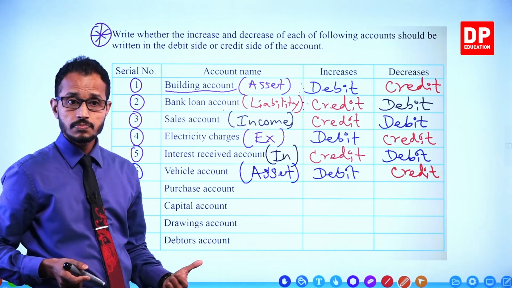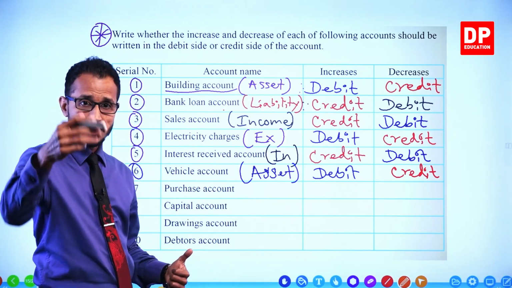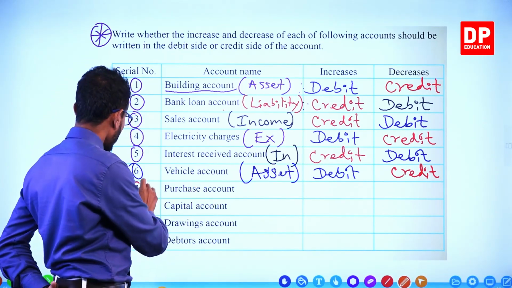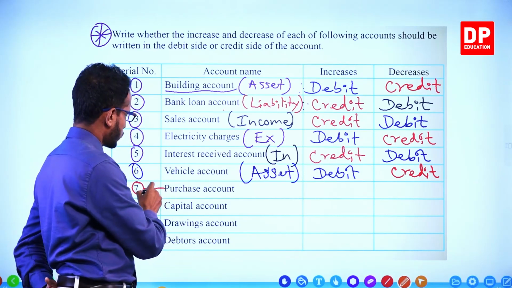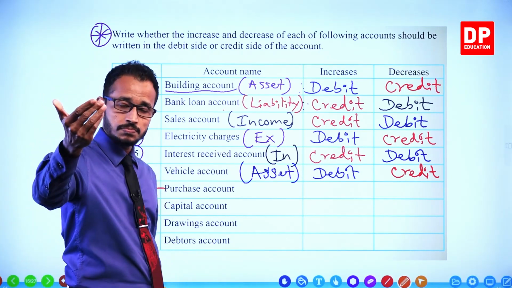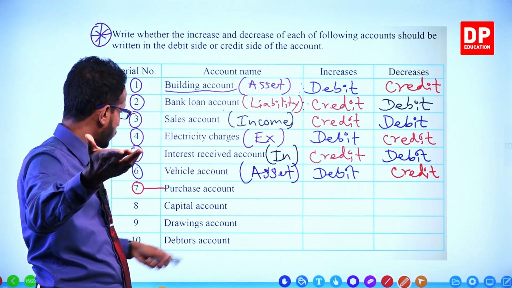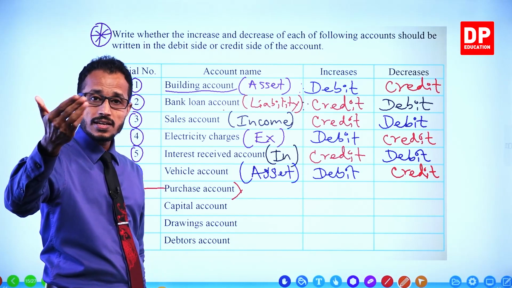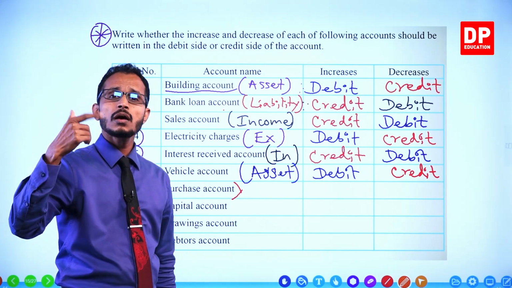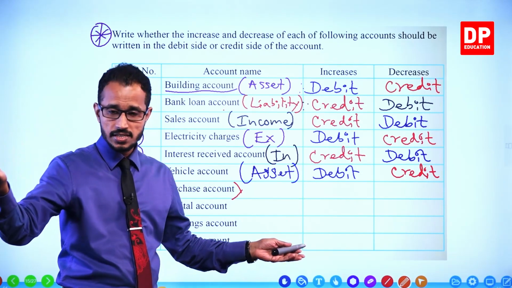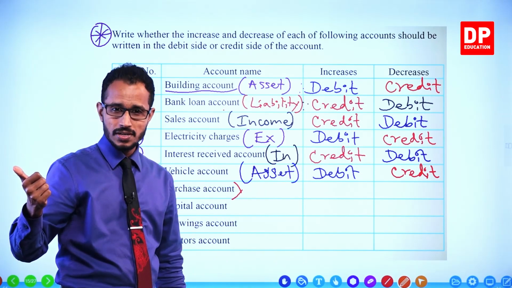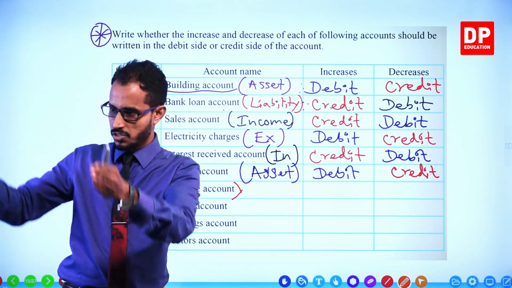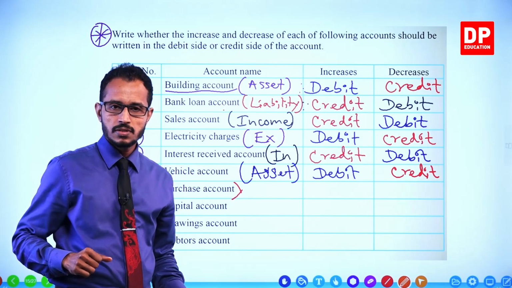Purchases account. I'll give you this one. What type of an account is purchases account? Is it an asset account? Is it a liability account? No. Then what? Is it an income account? You know, we pay money to purchase goods for the business.